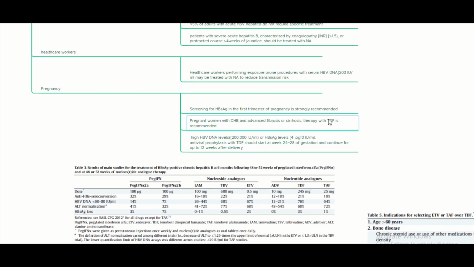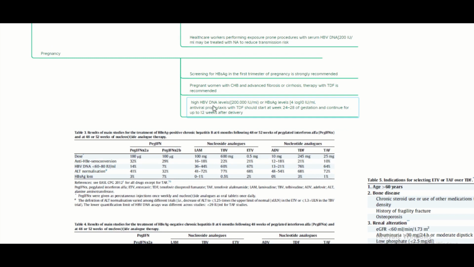Pregnancy. All pregnant women should be screened for HBs antigen in the first trimester of pregnancy, and this is a high recommendation. All pregnant women with any kind of fibrosis or cirrhosis or any kind of liver disease and have chronic hepatitis B should be treated with TDF.